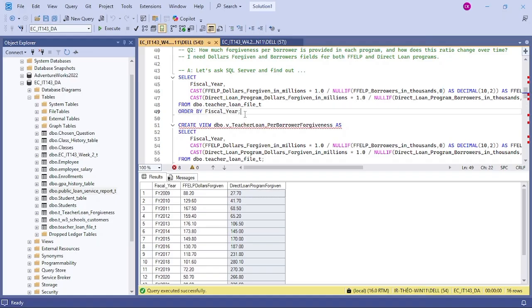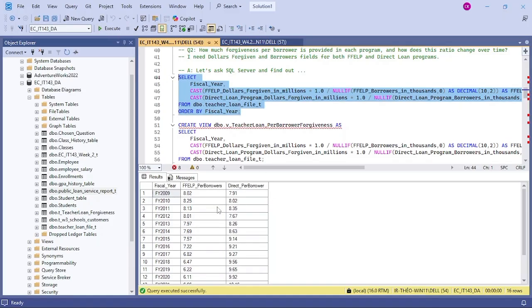I will directly execute this portion of code, and we see the results: the average forgiveness amount per borrower for both programs over time, indicating a potential increase in average teacher loan burdens.